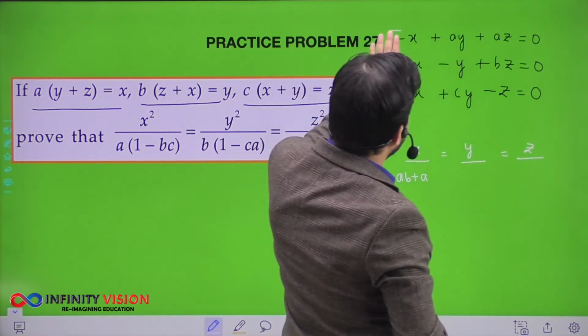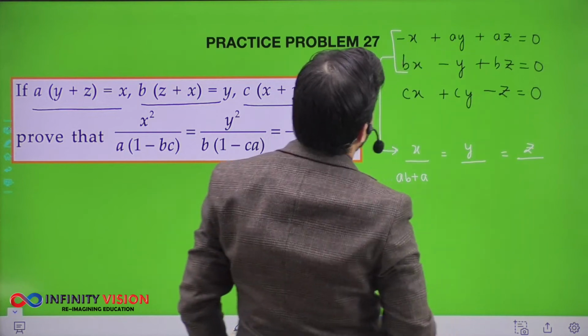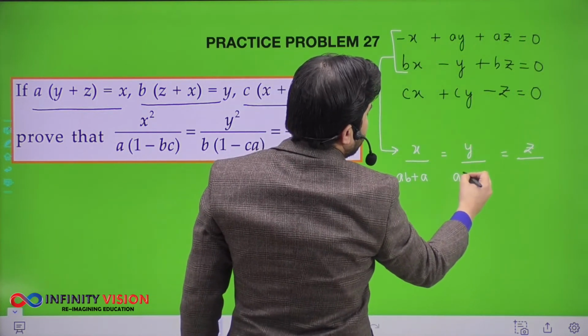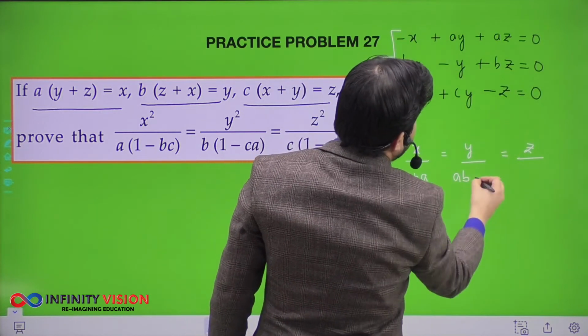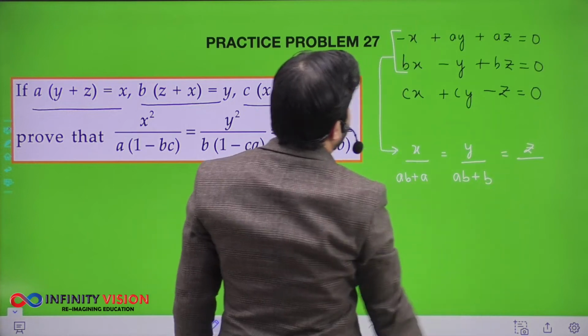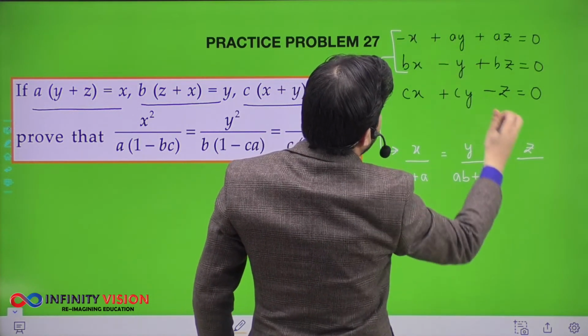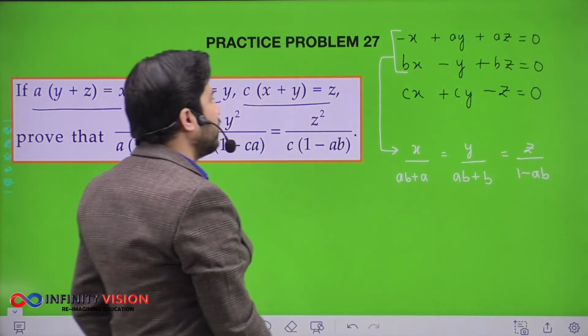You can simply see. I'll just hide it. ab minus minus a. Now, this a will go with this, that is going to be ab minus of minus b. That is plus b. What about the z? Minus 1 into minus 1 is 1. 1 minus ab. So, this is the first guy we got.